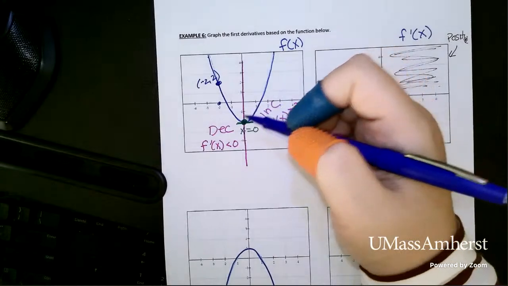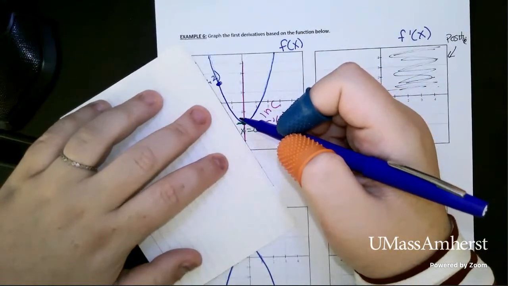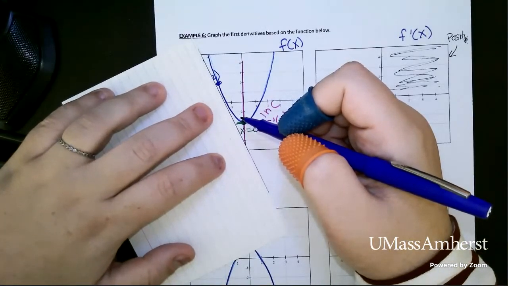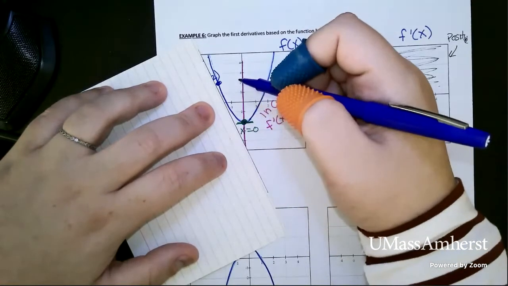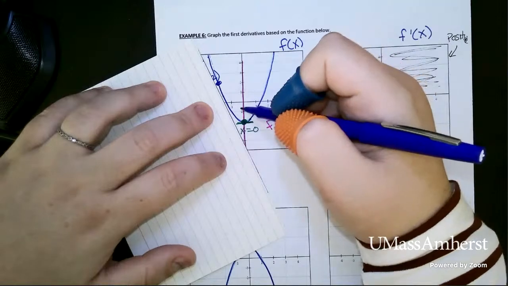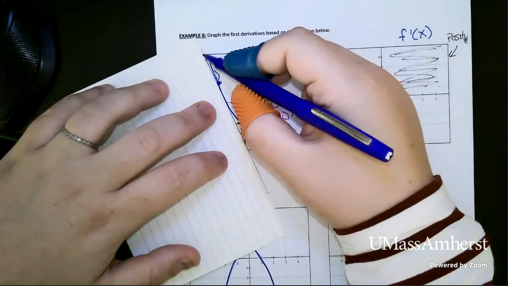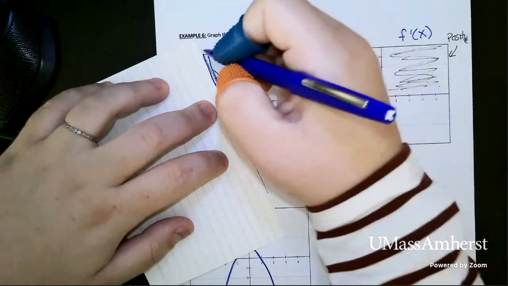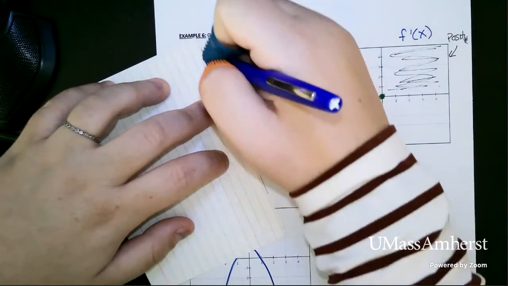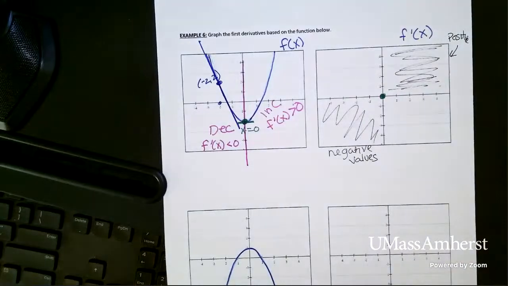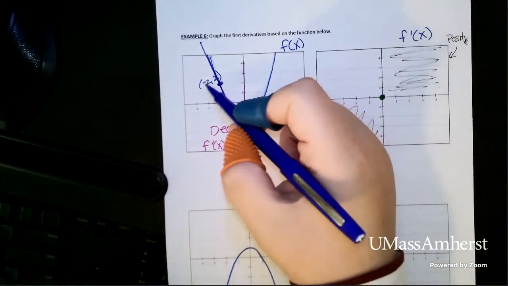Okay, so I'm going to draw in a tangent line. My tangent line is going to look something like this. I'm going to sketch this in, make it as close as possible. Okay, so I know I have the point negative 2, 2.